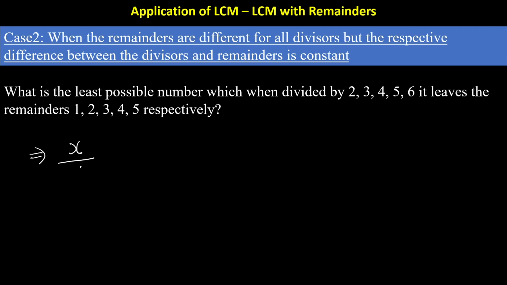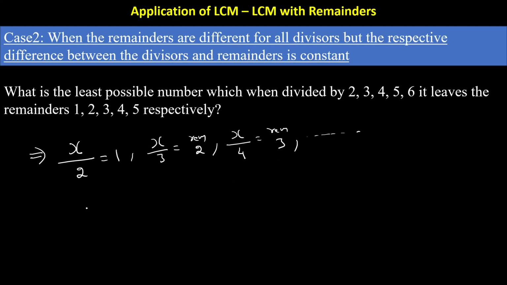If you divide this number with 2, I need the remainder as 1. If you divide the same number with 3, I need the remainder as 2. With 4, I need the remainder as 3. Like that it was given.